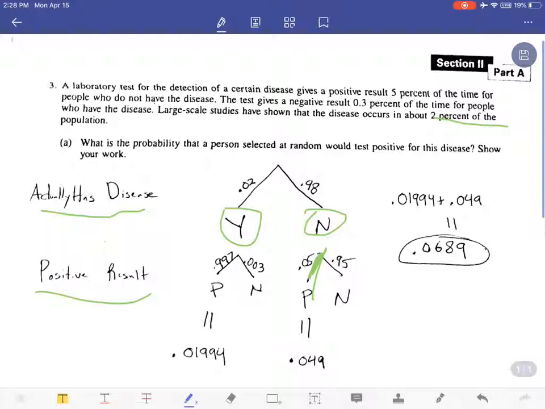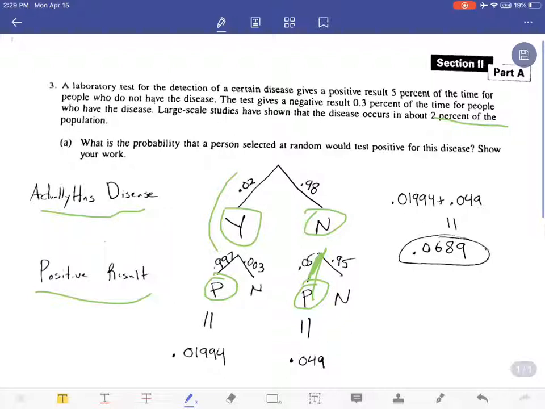So A says, what's the probability that a person selected randomly would test positive for the disease? So if we look at our tree, we have two different possibilities for testing positive. People that actually have the disease and test positive, and people that don't have the disease and test positive. So to get that probability, remember we multiply down.